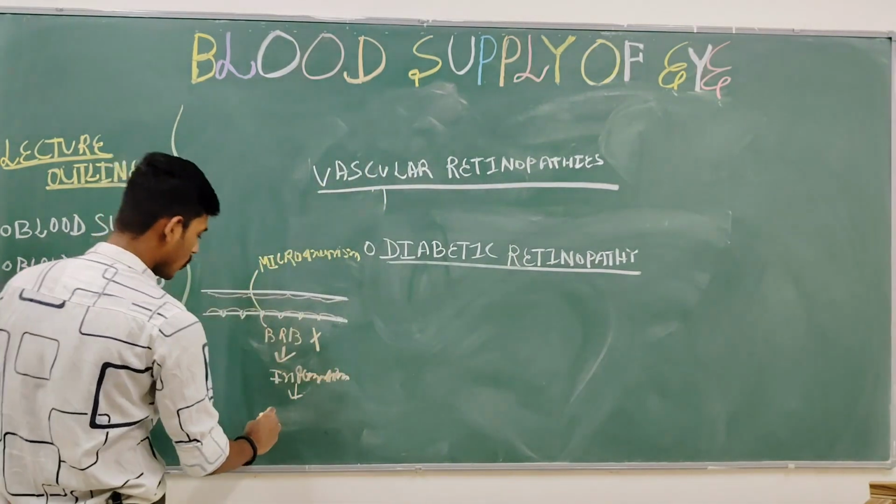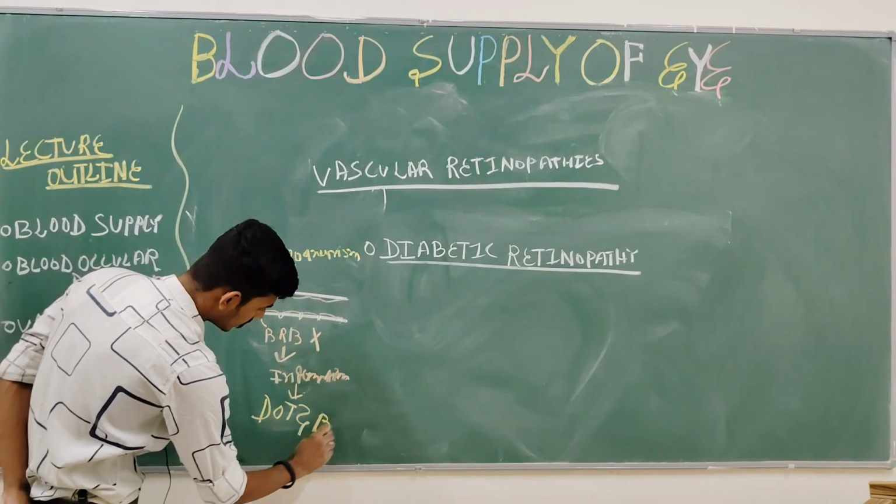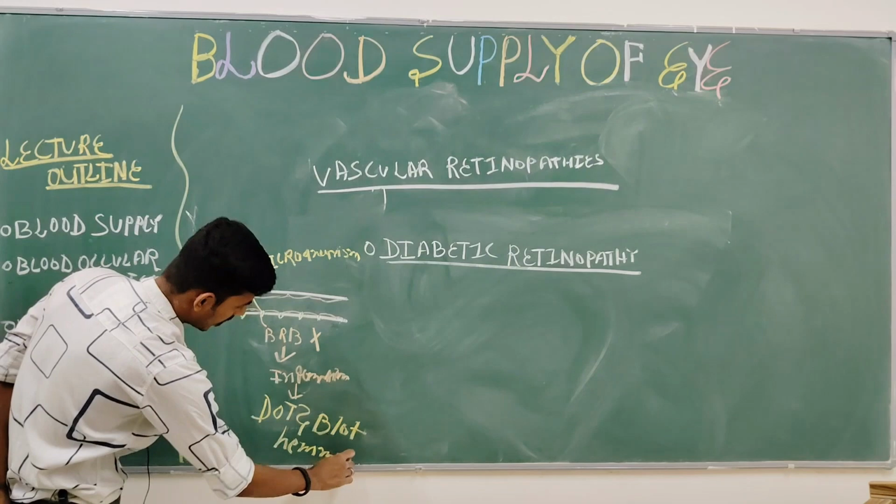This hemorrhage is named the dot and blot hemorrhage.